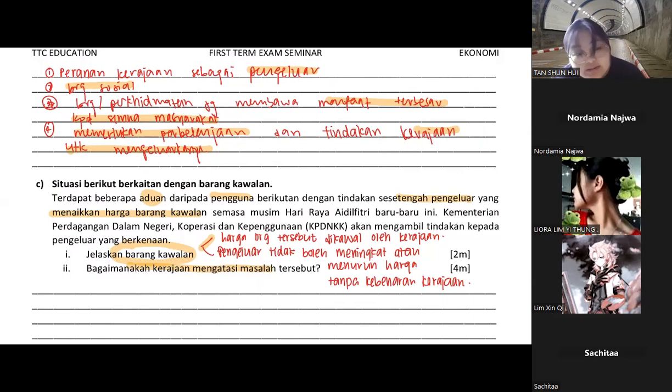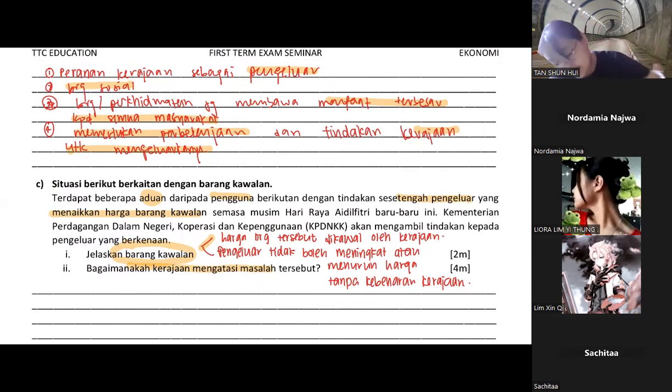Of course, you can explain others. Yes, you can tell me barang kawalan normally is to memastikan semua rakyat mampu membelinya. Normally is what? Barang keperluan. And then how about this? Some of the sellers, they increase price.